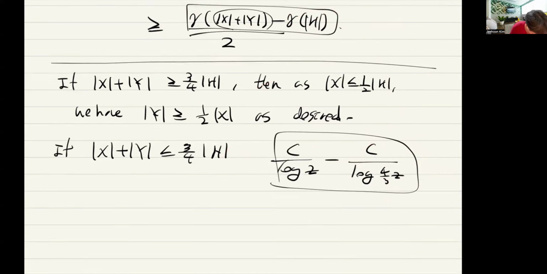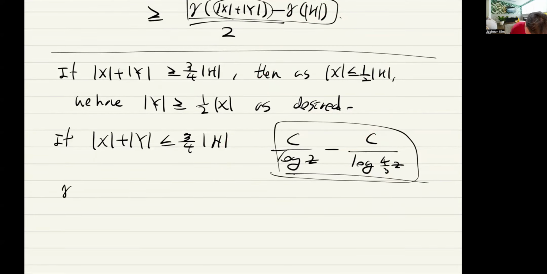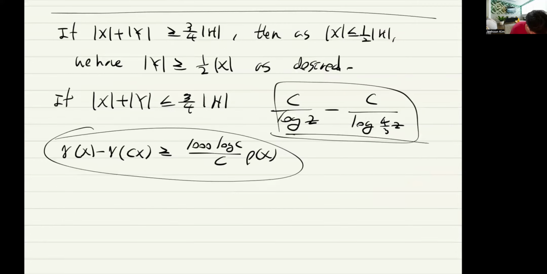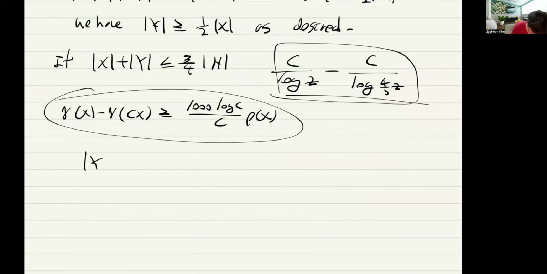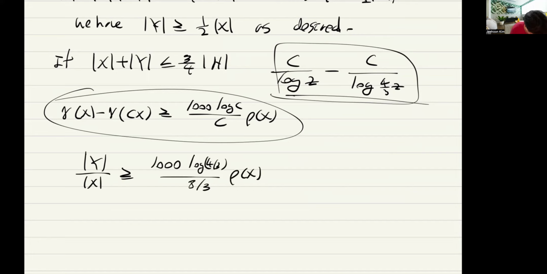And from this definition, you can actually check that gamma of X minus gamma of C times X is at least some expression times rho of X. Then using this, what we can get is that Y over X is at least some large number times rho of X, which is as desired.